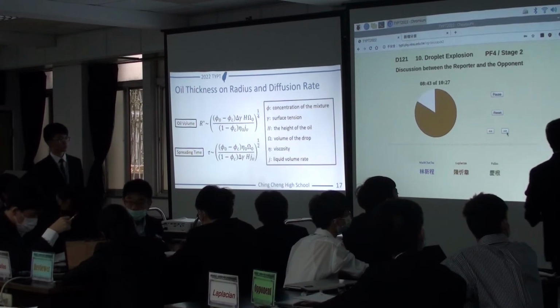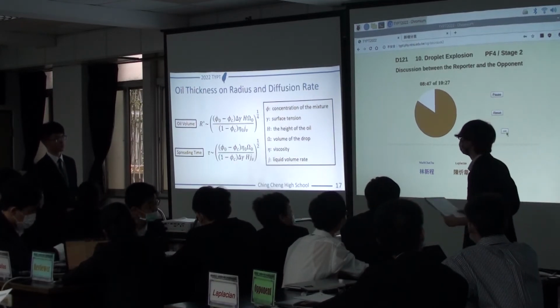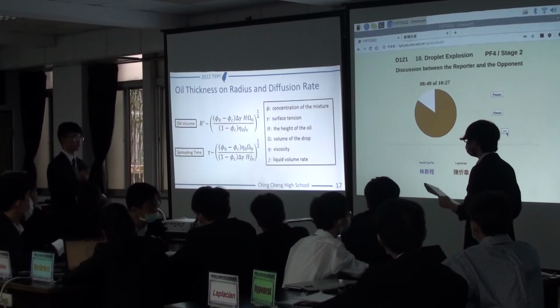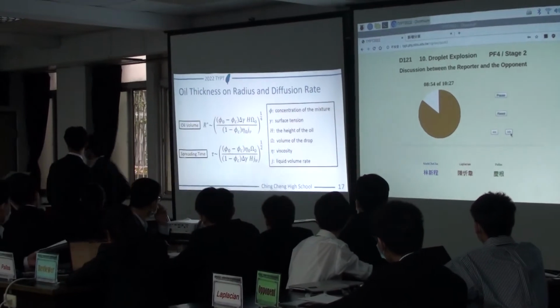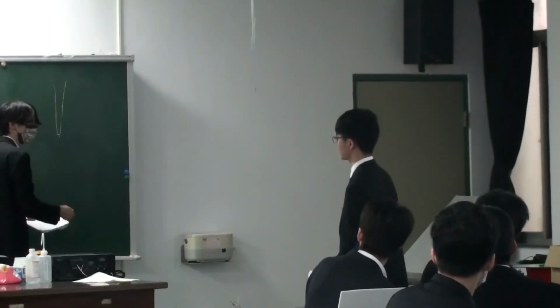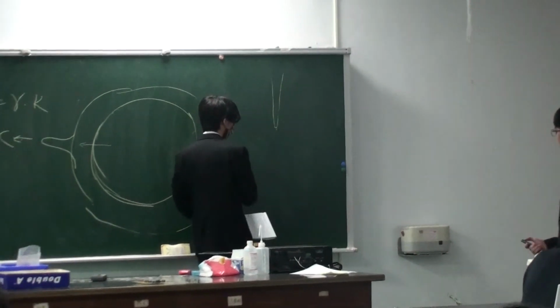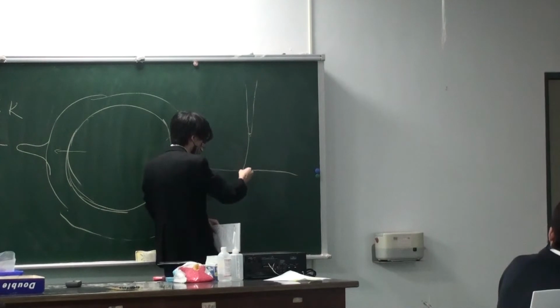So I believe that you did not control the volume of the initial drop, right? When you use a device like this, the droplet is not small enough. So when you dispense it on an oil, it will develop a stream.